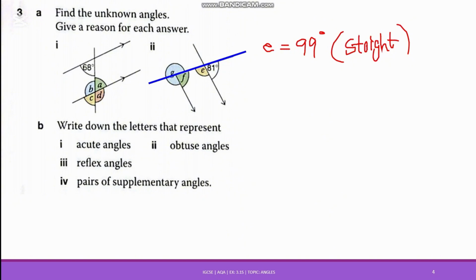And E and F are two allied angles. Their sum should also be 180 degrees. So we can also say that F and 81 are two equal angles, because these are two corresponding angles. So F should also be equivalent to 81 degrees, and the reason behind it will be the corresponding angles.